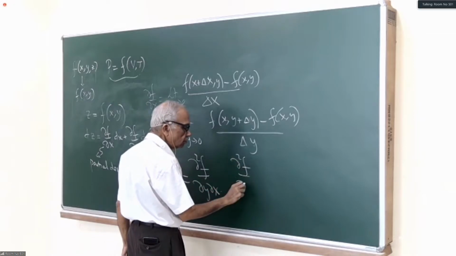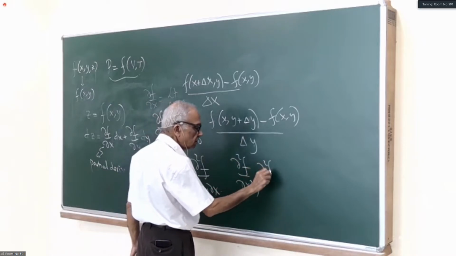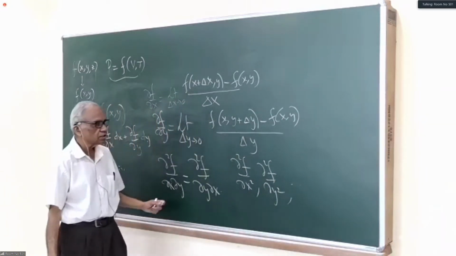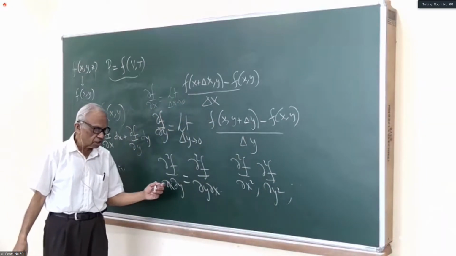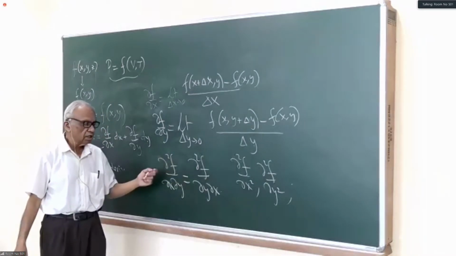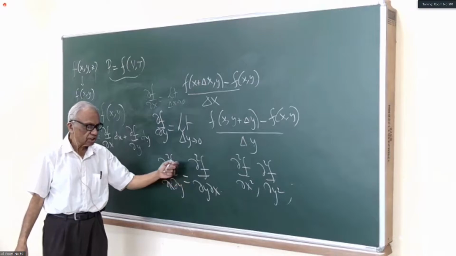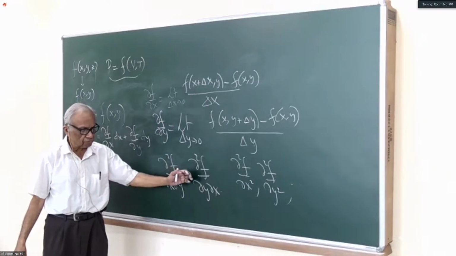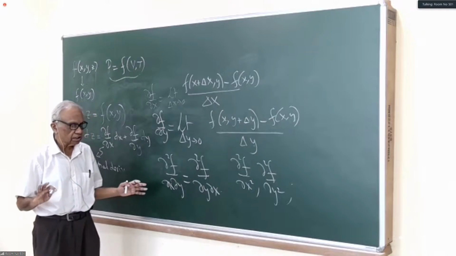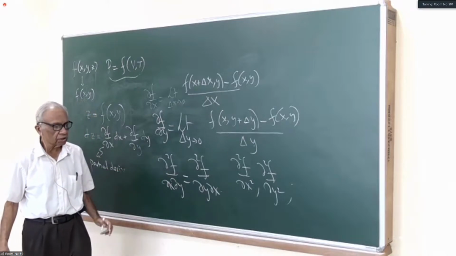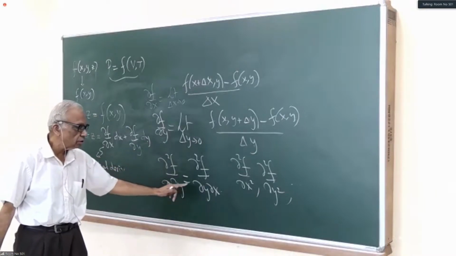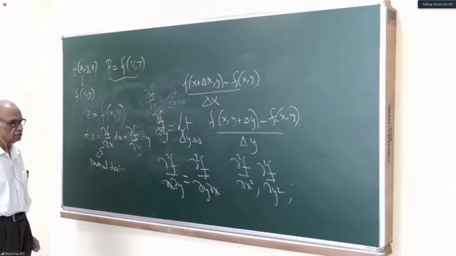There is del squared f del x squared, del squared f del y squared, and then the mixed derivative, once with respect to x and once with respect to y. One generally restricts oneself to nice analytic functions where the ordering does not count, and you can make use of this relation.